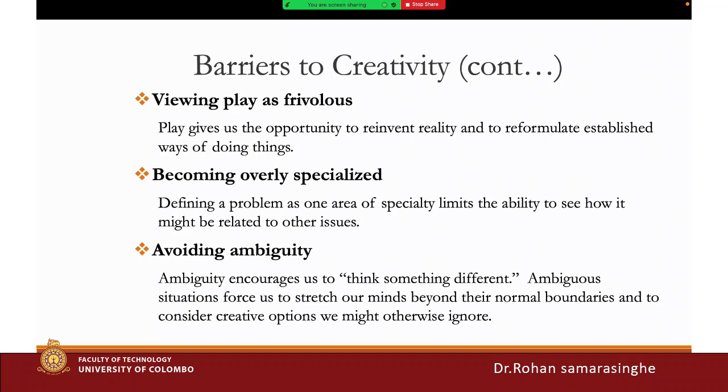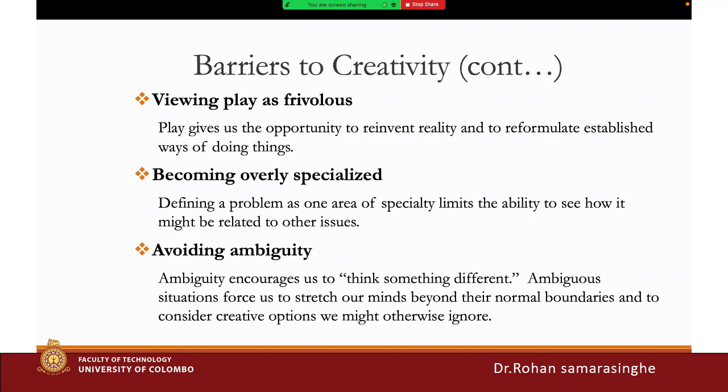Having play gives us the opportunity to reinvent reality, to move away from established ways of doing things and from becoming overly specialized. Defining a problem as one area of specialty limits the ability to see how it might be related to other issues.